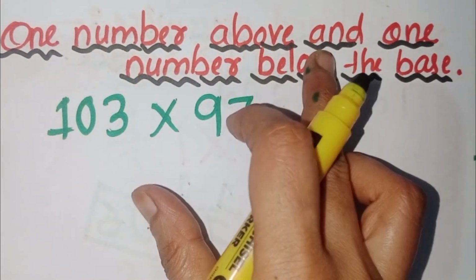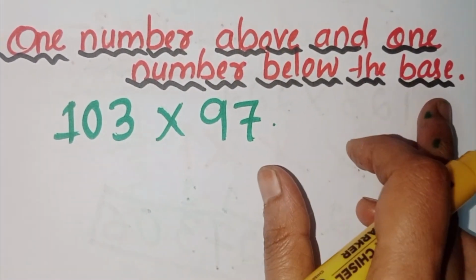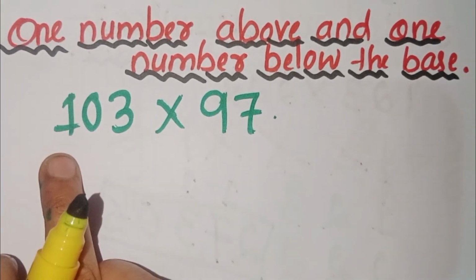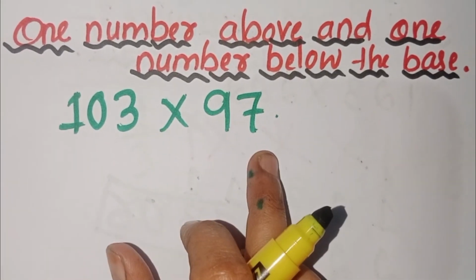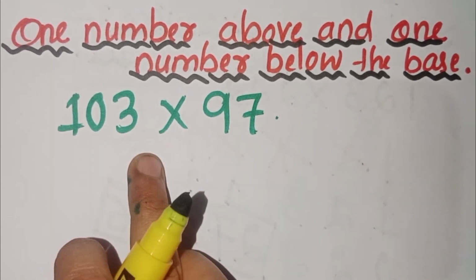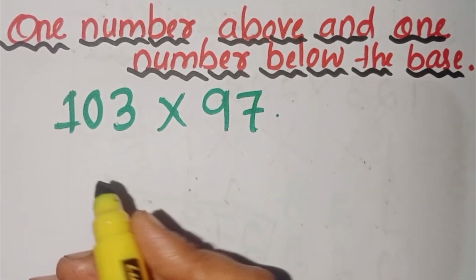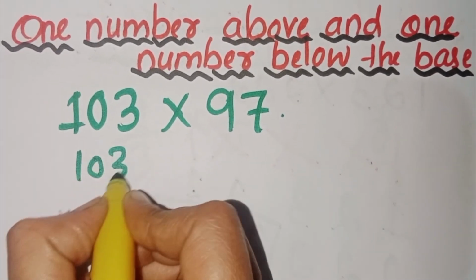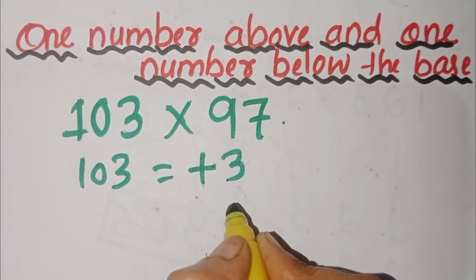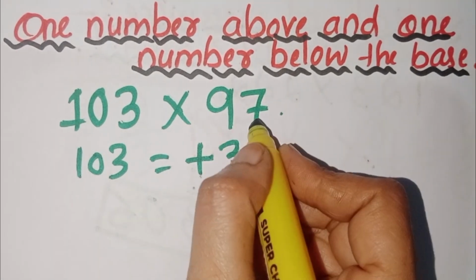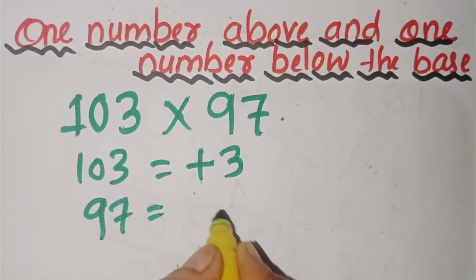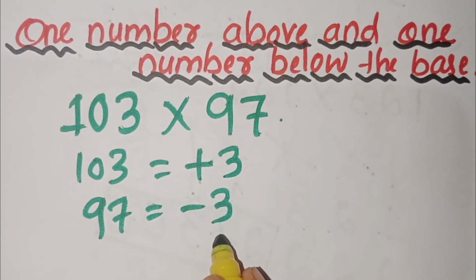One number above and one number below the base. The base is 100. 103 into 97. 103 is above 100. 97 is below 100.